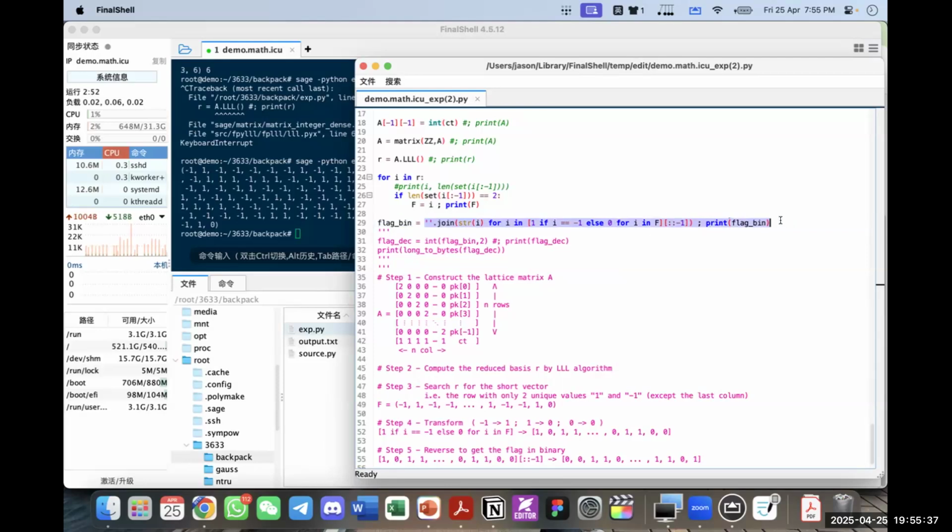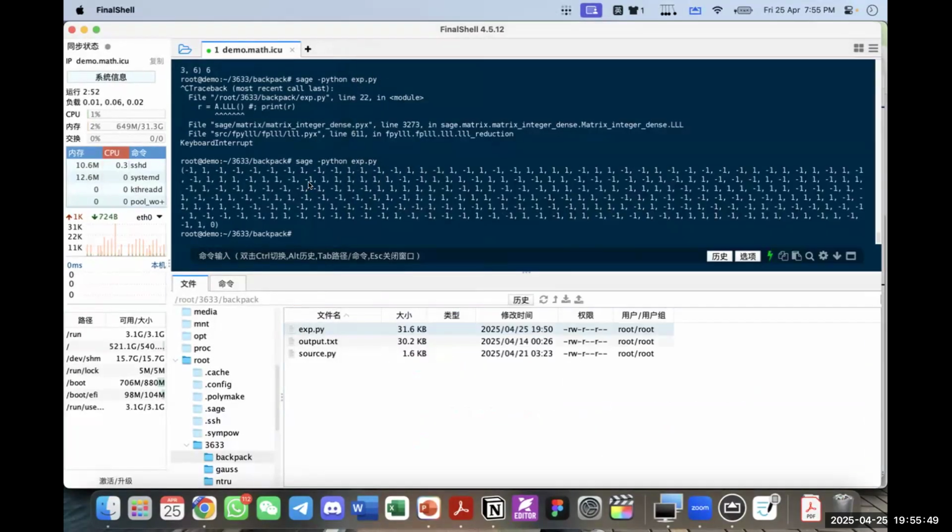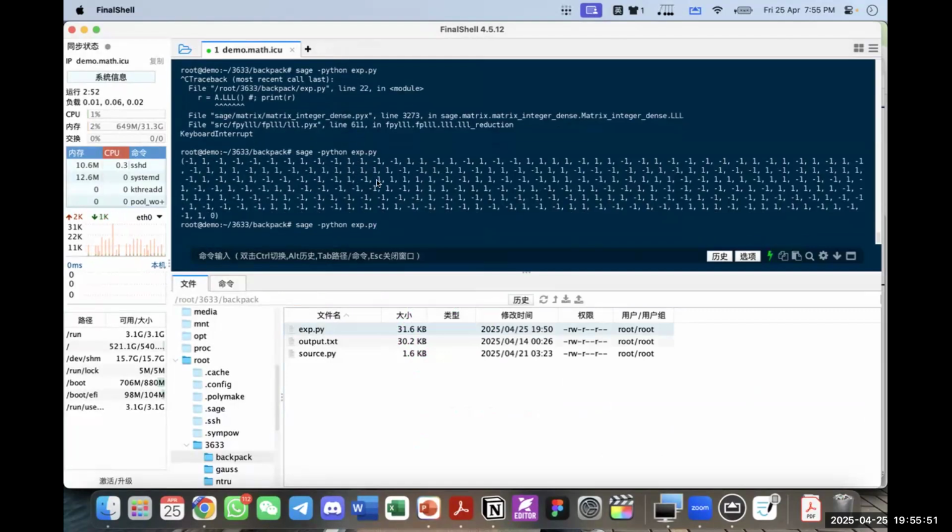Okay, so this actually does the conversion and also the reverse. So we can print the binary of the flag now.